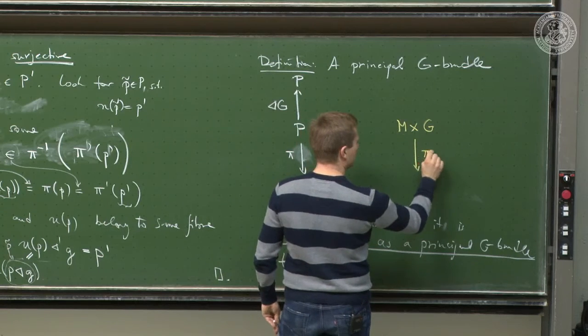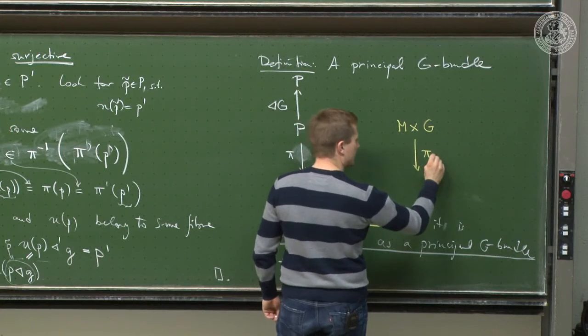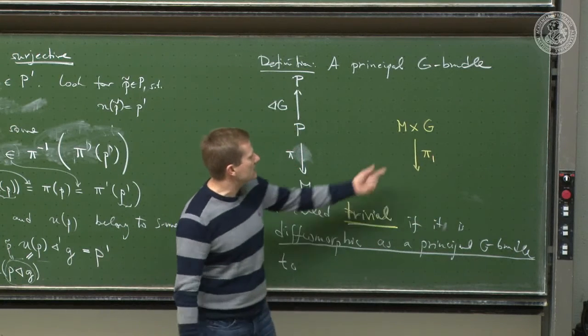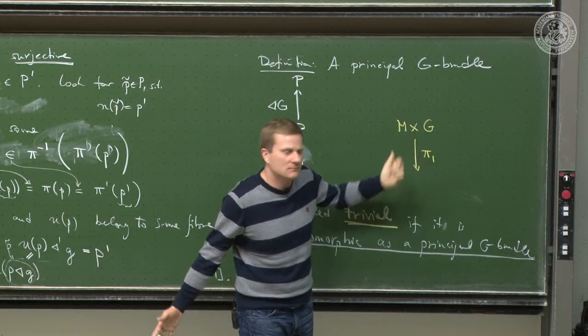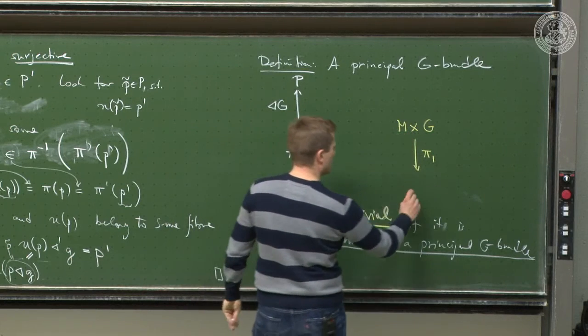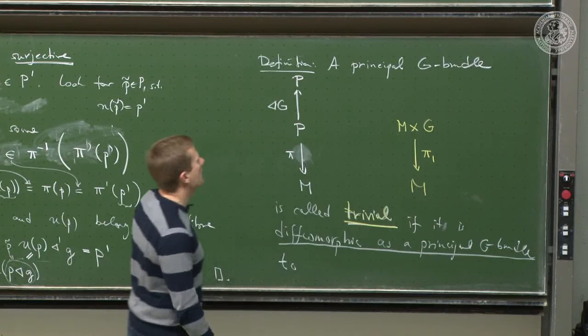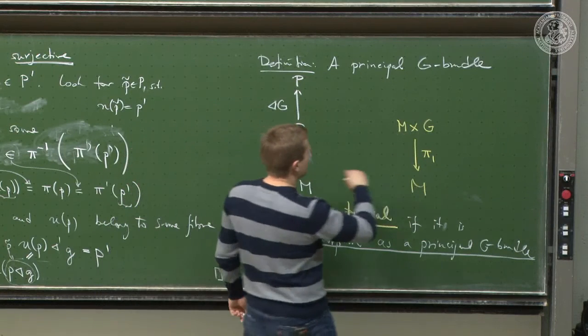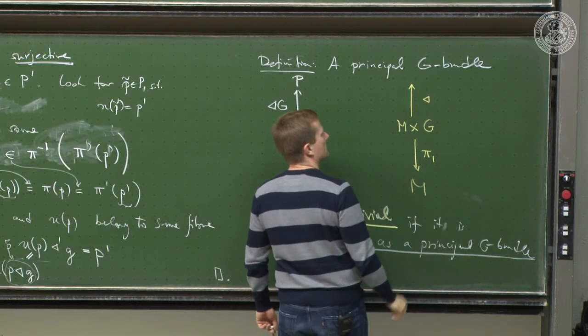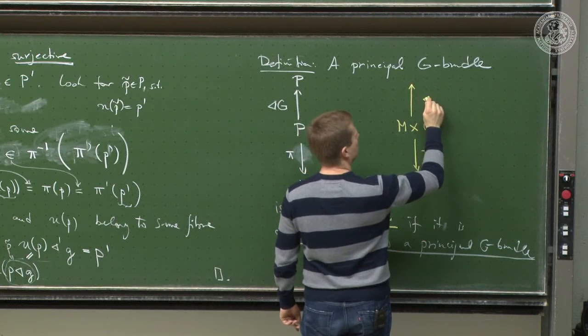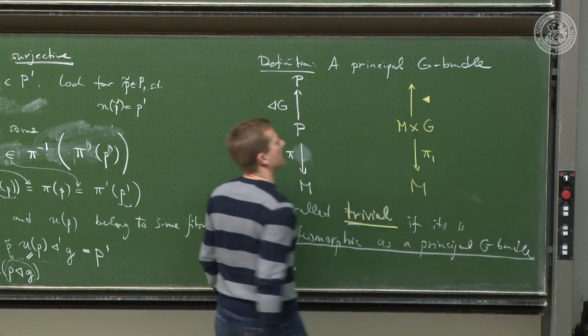And you have a projection map here, which I call pi sub 1, because it just projects out the first factor of this Cartesian product, pi 1, down to M. And I have an action of the group here, so let's call this the solid action. I could call it the primed action, it doesn't matter.